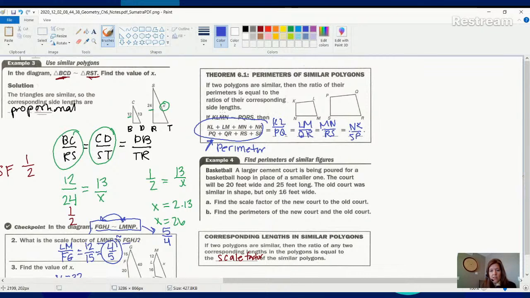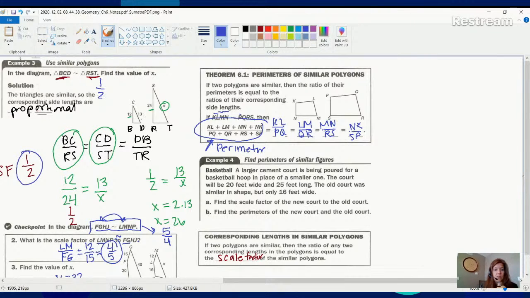So again, I was just looking at my statement, doing the first two, then doing the middle two, then the last two, and then the front and the back. So basically the ratios that apply to your side lengths also apply to the perimeter. So remember back here in this picture where I said that the scale factor is 1 to 2, the ratio of BCD to RST is 1/2.